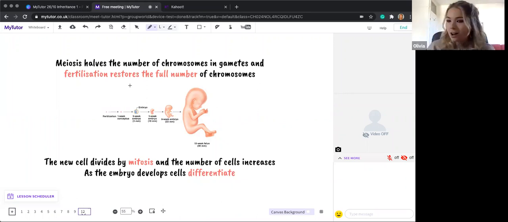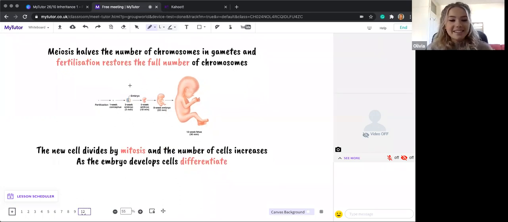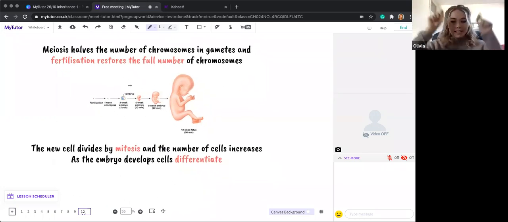So half plus half is 1. Basic maths, right? So meiosis produces the gametes, and then they fuse together by fertilization, and then those divide again by mitosis and differentiate into different types of cells. What is a zygote? A zygote is when we have the fertilization of the sperm and the egg.